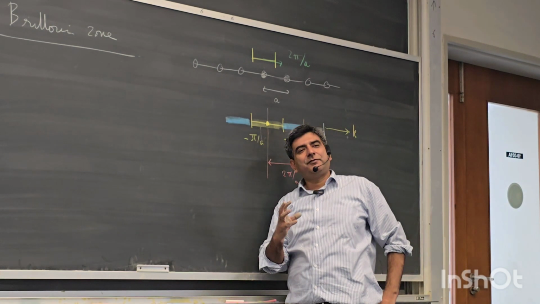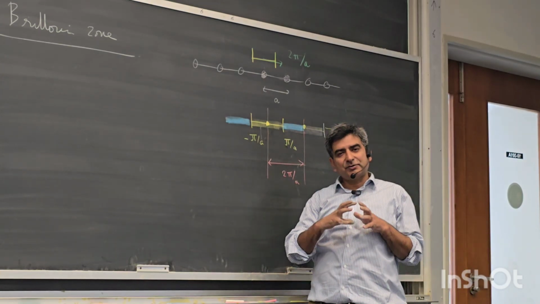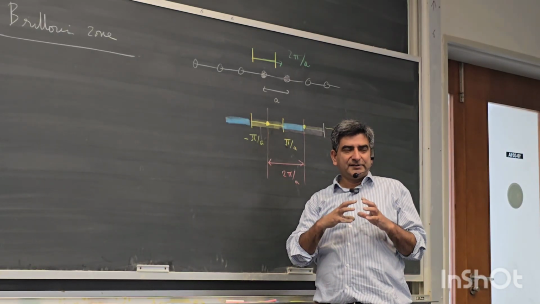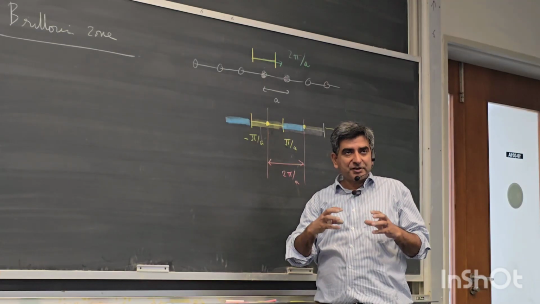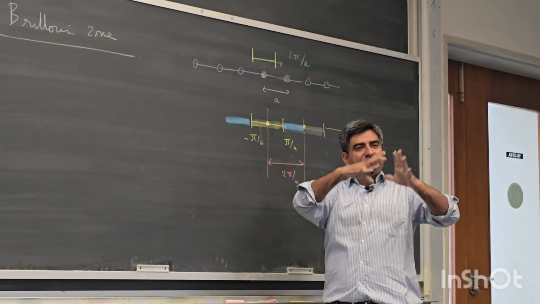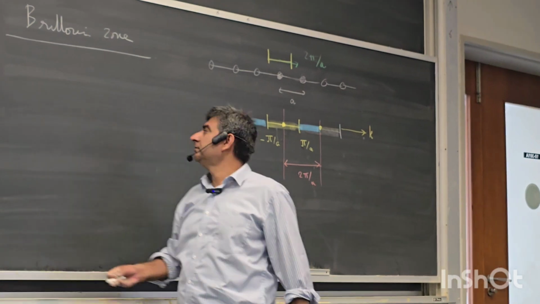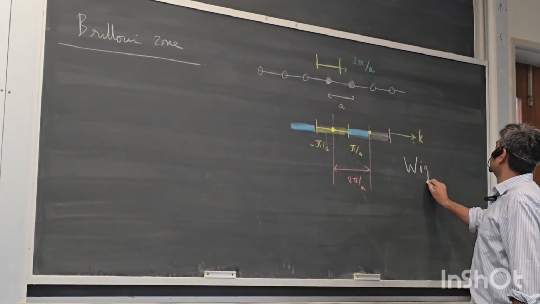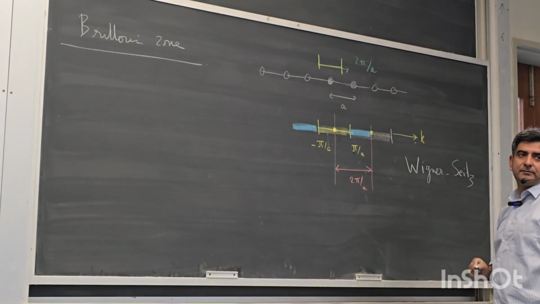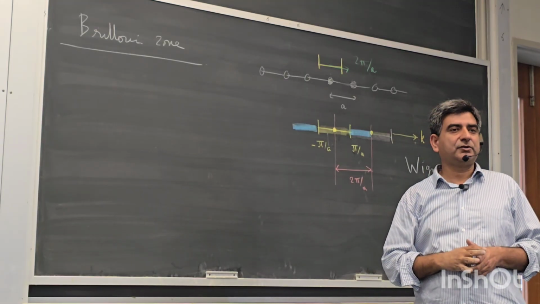So this kind of unit cell inside the reciprocal lattice, which comprises all the region around the origin of the reciprocal lattice such that all the points in that region are closer to that origin than any other point, is called the Wigner-Seitz cell. So the first Brillouin zone is the Wigner-Seitz cell in the reciprocal space.